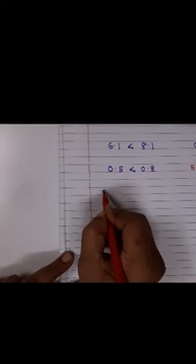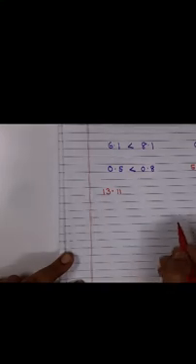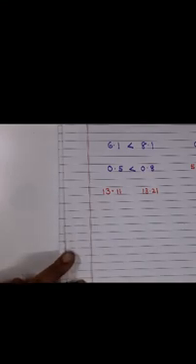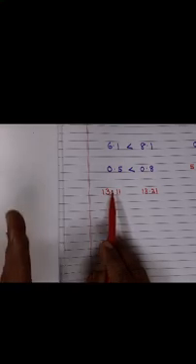Let's take this number, 13.11 and 13.21. So what do we do, children? First, this is our decimal. What did we say? We have to move to the right.